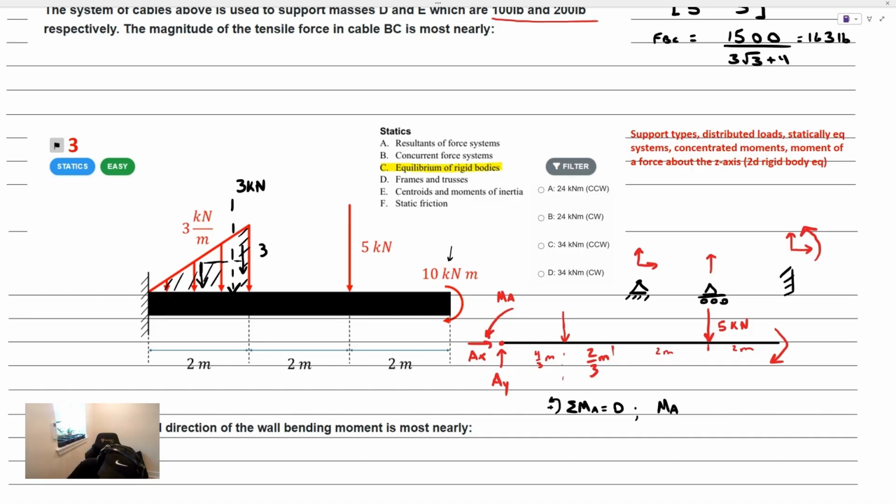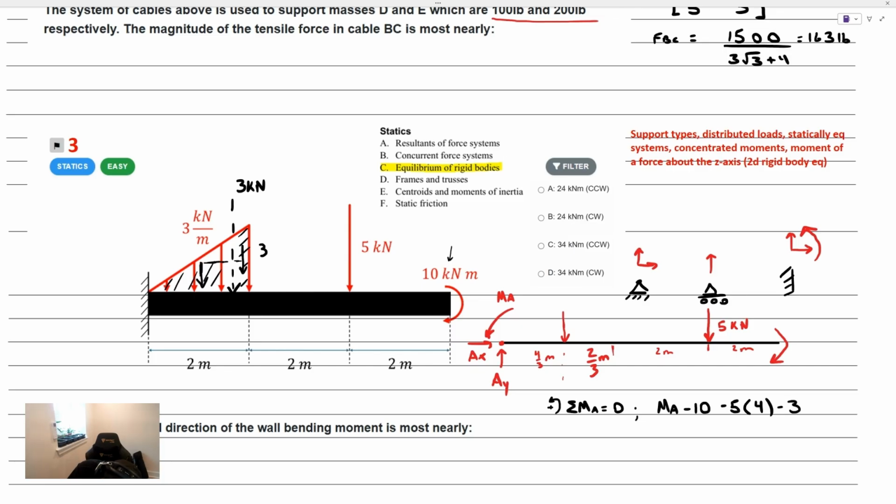regardless if you take a moment at the point that they exist. I'm seeing a clockwise 10 kilonewton meter, so let's write down minus 10 here. And then we have a clockwise moment produced by that 5 kilonewton term. So that's 5 kilonewtons multiplied by its moment arm, which is 4 meters. And lastly, we have another clockwise term here. It's clockwise, so it's negative. A clockwise term equal to 3 kilonewtons.